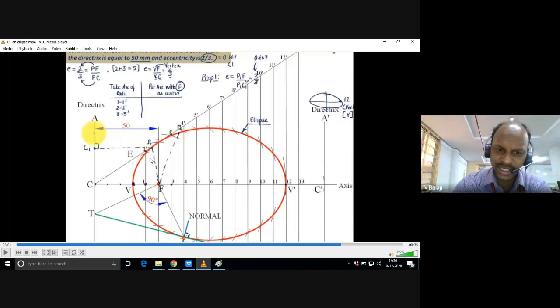P2F is greater than P1F, and P1F is greater than VF. Even though the numerator is increasing, the horizontal distance of that point to the directrix, like VC, is also increasing. That means the ratio is constant. Otherwise, it cannot be called an ellipse.